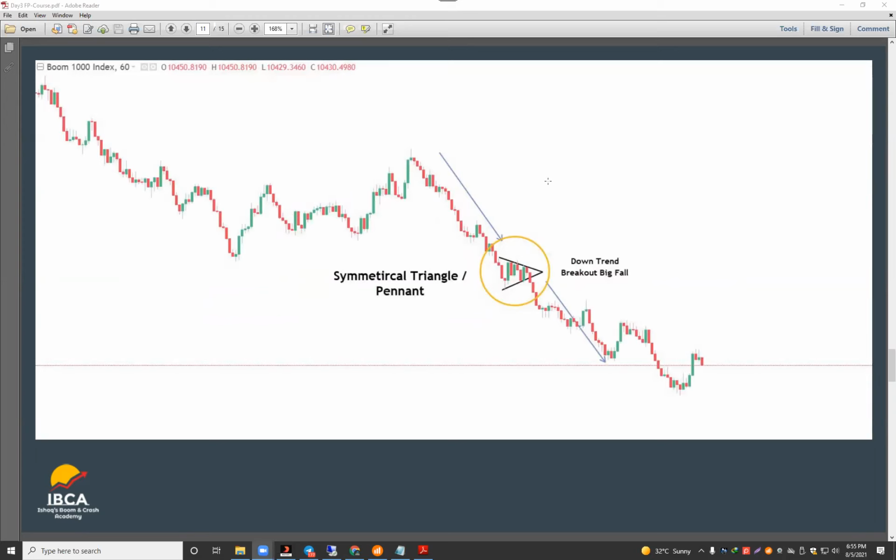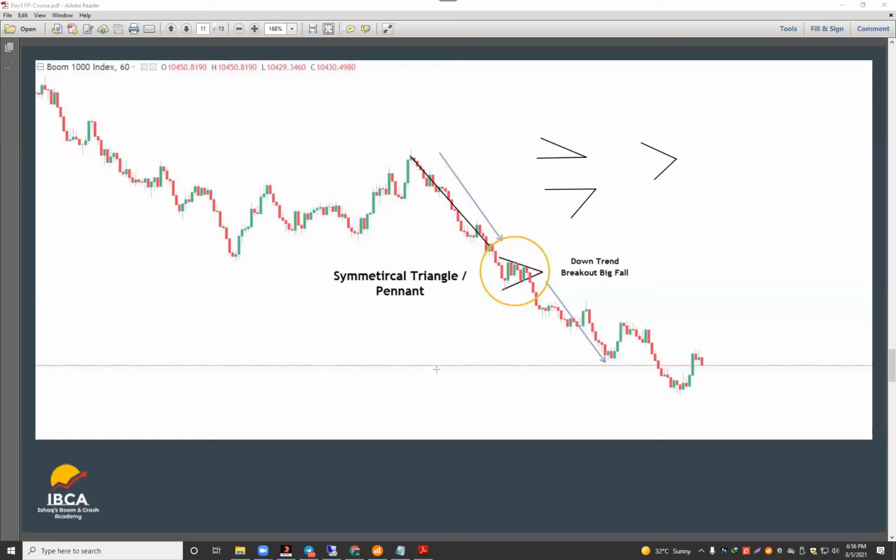A downtrend, then you found the price showing you the triangle, but this triangle is not one side flat, one side down, or another side down, one side flat. It is both sides. You can see both sides. It's like a trend line. So that's why we're calling it a symmetrical triangle.